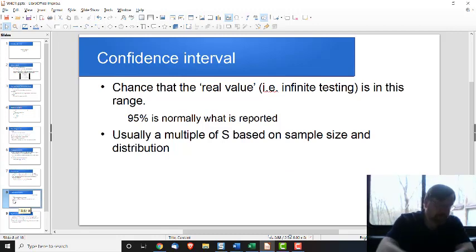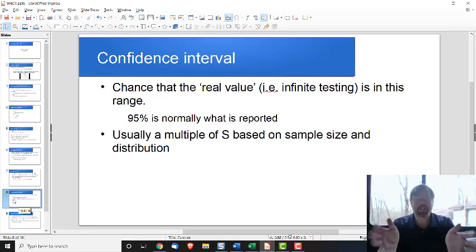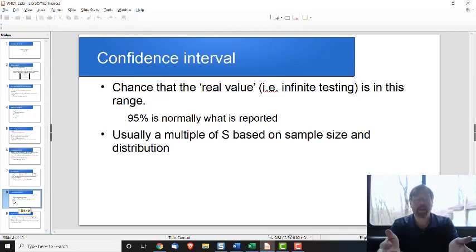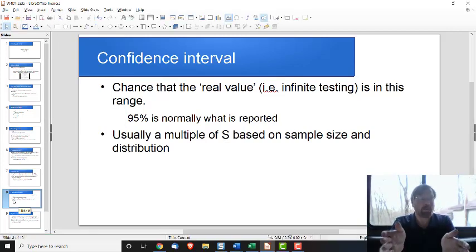Next, we have confidence intervals. A confidence interval is basically the chance that the real value, as in the value you would get as an average if you were doing infinite testing, is in this range.